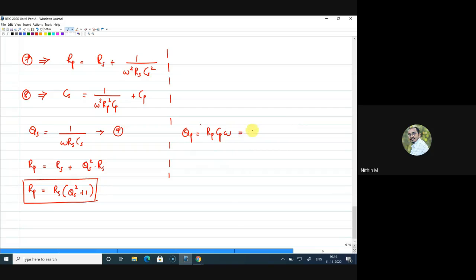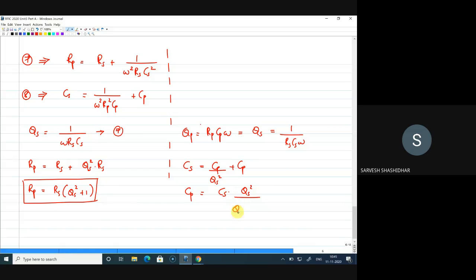Here I'll bring in that Qs is equal to 1 by Rs Cs into omega. Now I can write Cs as Cp by Qs square plus Cp, or I can write Cp here as Cs into Qs square.